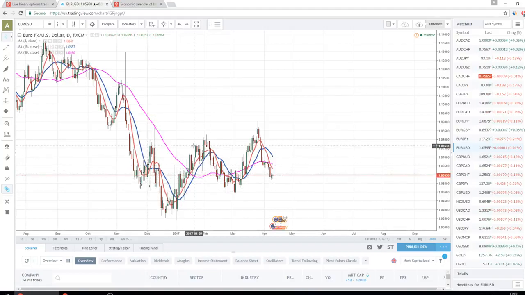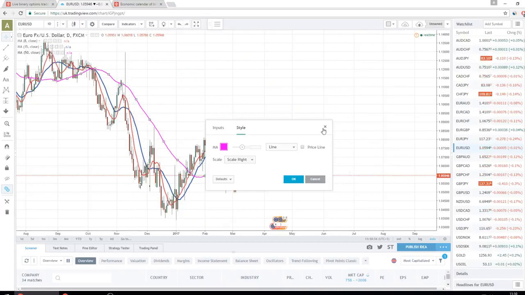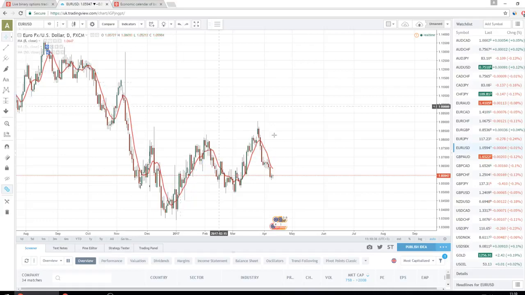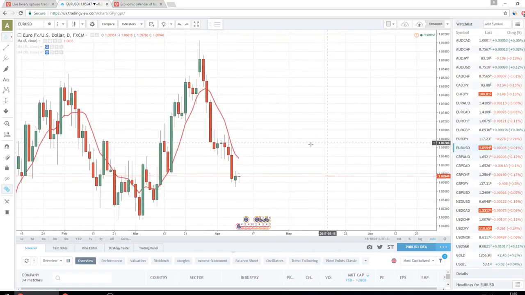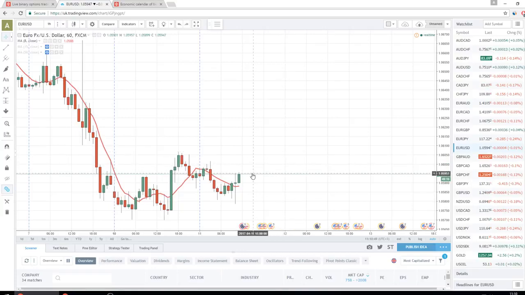There are several methods of how we can use these moving averages besides just showing us the smooth price. Okay, let me switch off now. So right now we have the simple moving average with period 8. Let's switch to a shorter time frame, 1 hour, let's say.